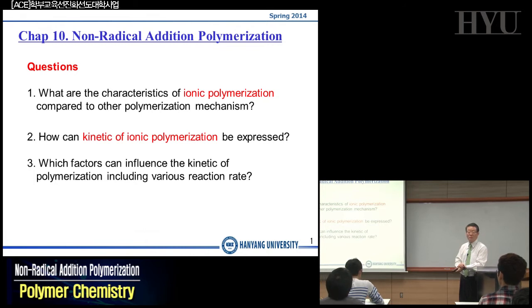But as I told you already, this ionic polymerization is much more complicated than the radical polymerization itself, because we need to use the negatively charged ion and positively charged ion, and also in the presence of solvent and solvation power. Because if you have a negatively charged ion, in the case of anionic polymerization reactions, you should have a positively charged counter ion.